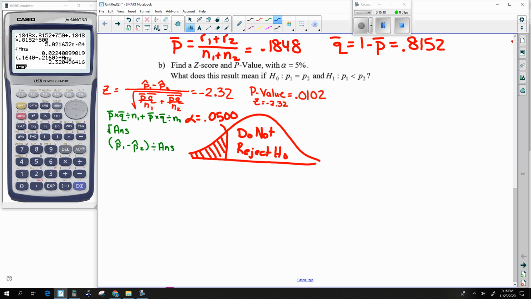I have a value of 0.01, so my p-value is way smaller. What I just found is that the p-value is less than my alpha. That means I reject H0 and accept H1.